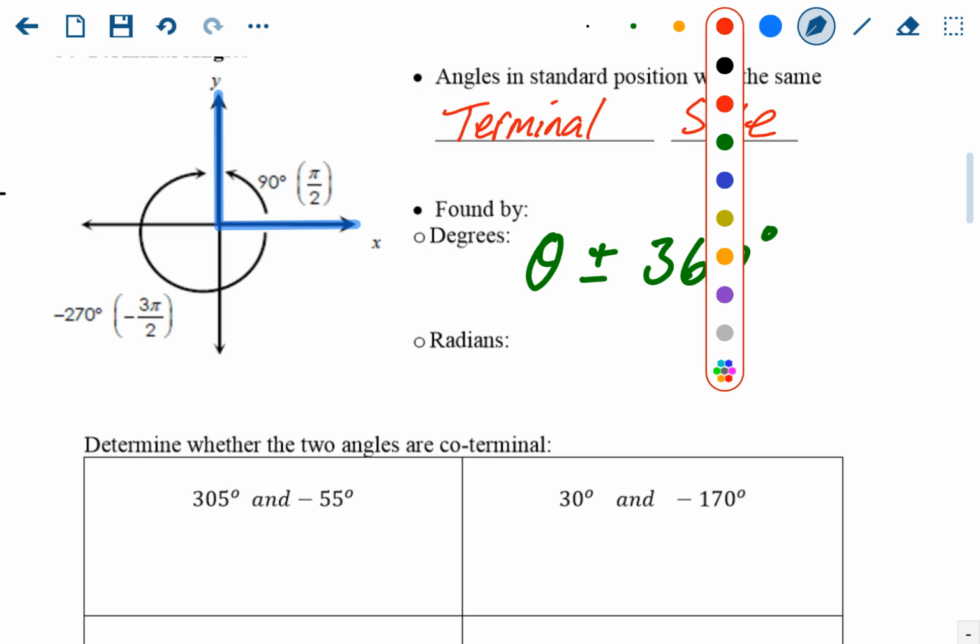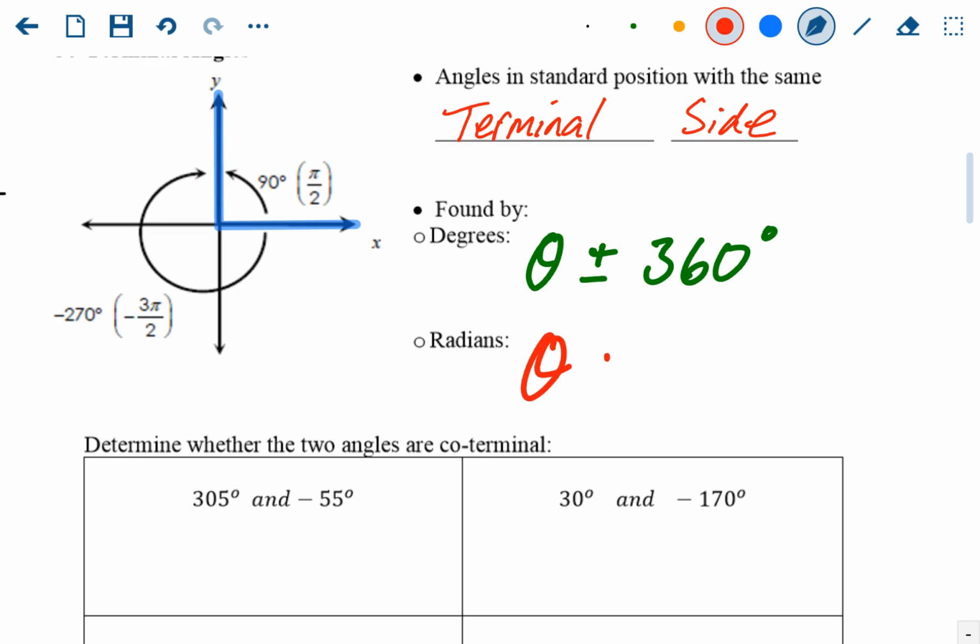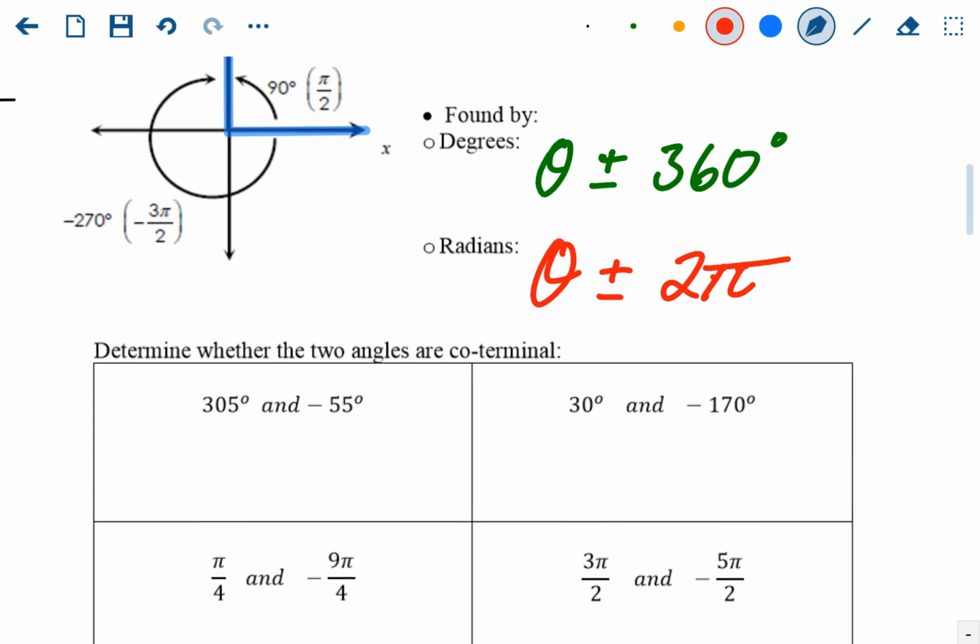But remember, all the way around the circle for radians is 2 pi. So you're going to take the angle and add and subtract 2 pi. Obviously, degrees is a little easier because it's just 360. For radians, most of our radians are going to be fractions, so you're going to have to figure out the fraction version of 2 pi, depending on the denominator.